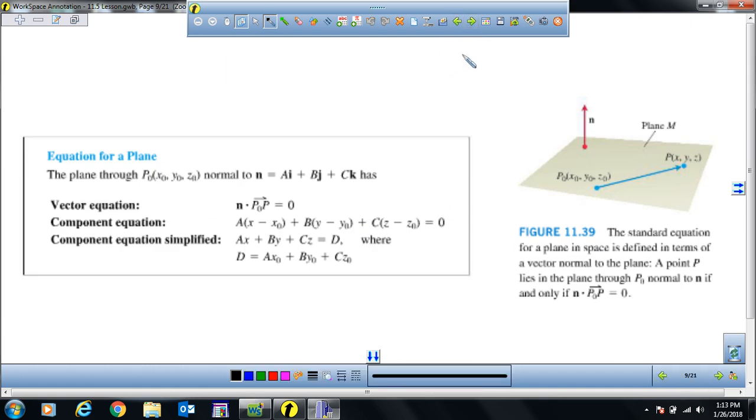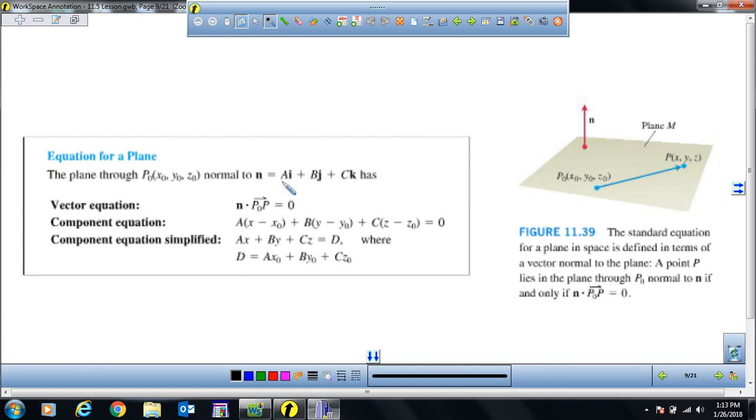Now, these are the equations for a plane. Just know one thing that we discussed on one of the previous problems: if I want to find the equation of a plane given a normal vector, normal vector means a vector that is perpendicular to the plane.